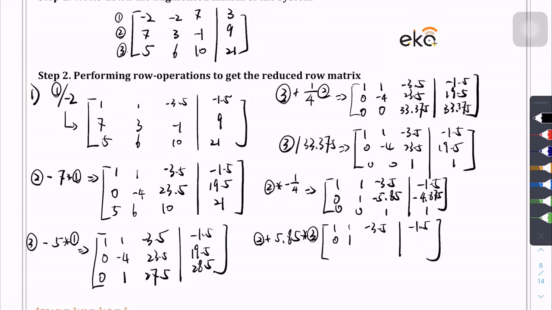Then this is -5.85 plus 5.85 times 1, which is 0. Then -4.875 plus 5.85 times 3. I think I made a mistake about this number. Let me recalculate.